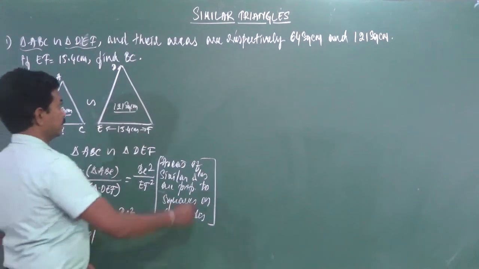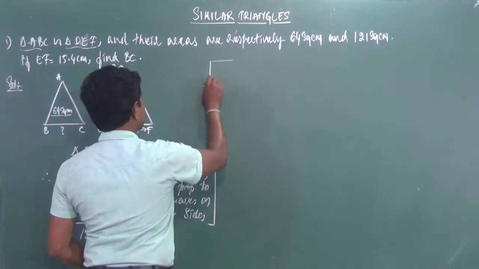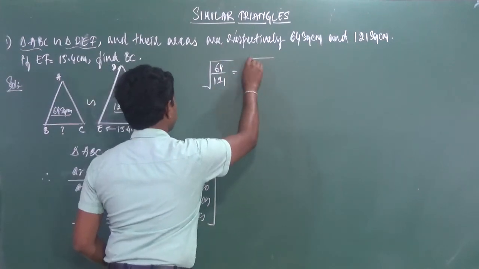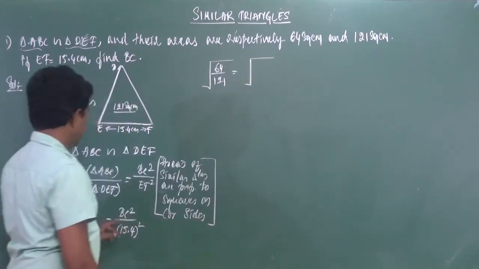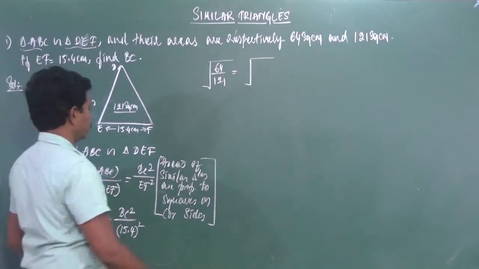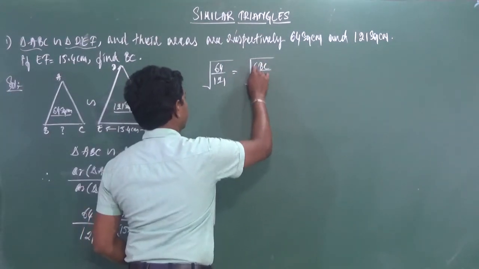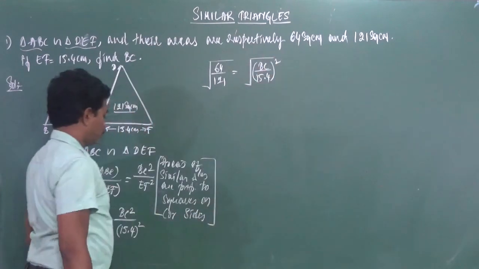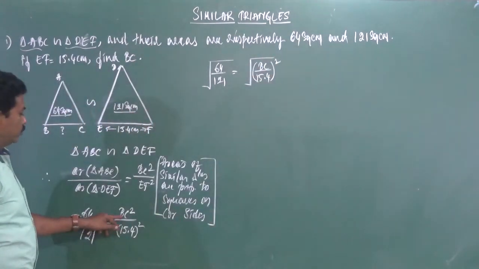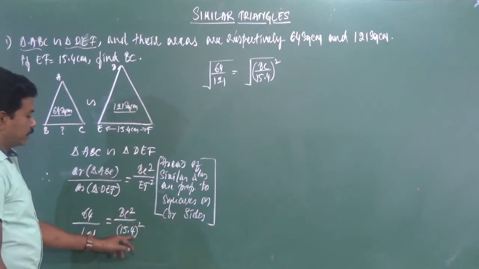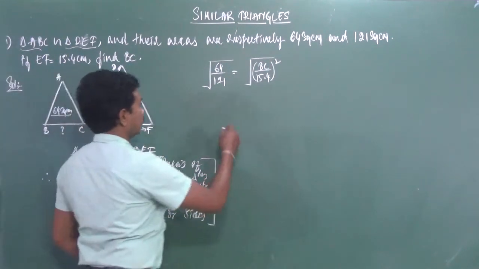Square root of 64 by 121 is equal to square root of BC by 15.4 whole square. We can give the whole square because the numerator is a perfect square and the denominator is a perfect square, according to the law of indices.